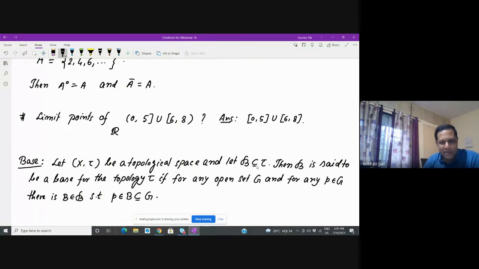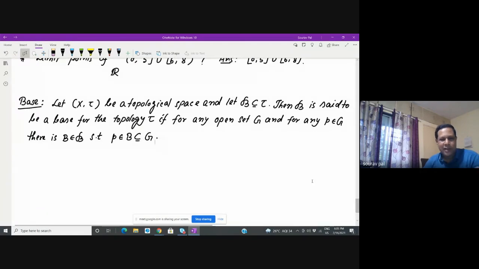There is nothing to prove at all. So tau itself is a basis, always. There is no beauty in that because it is the whole collection. The beauty lies in minimizing it. So tau is a base; this is always true. How does it look?